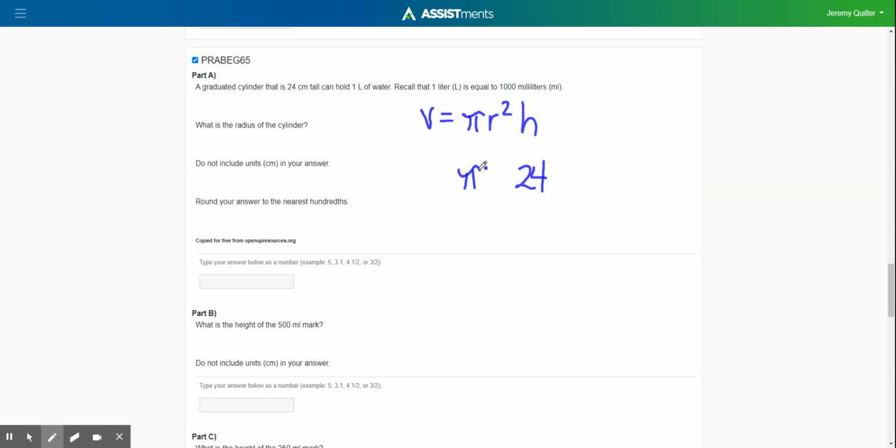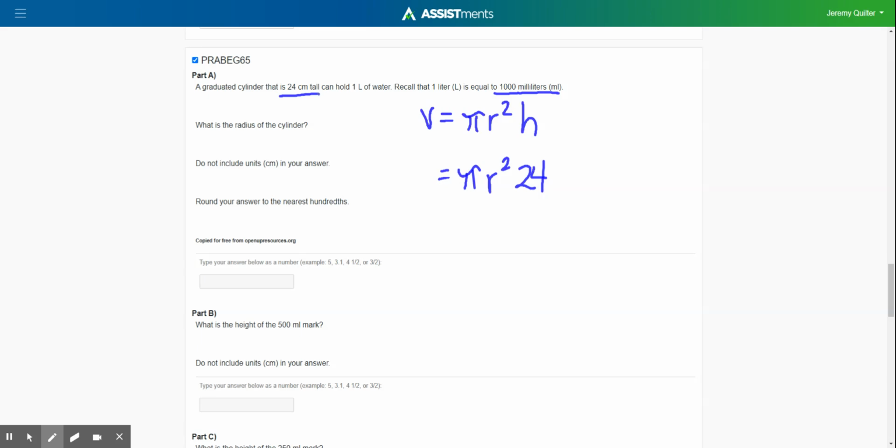Of course, we'll have pi. We do not know what the radius is currently, but we do know that the volume is equal to 1 liter. So we're going to have to figure out something here. We can't say that our volume is totally understood as far as cubic centimeters until we do a little bit of division.